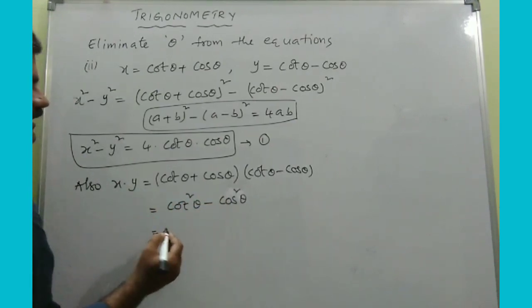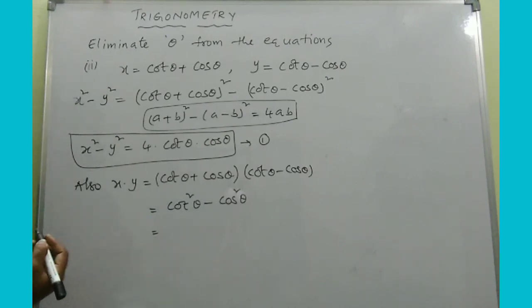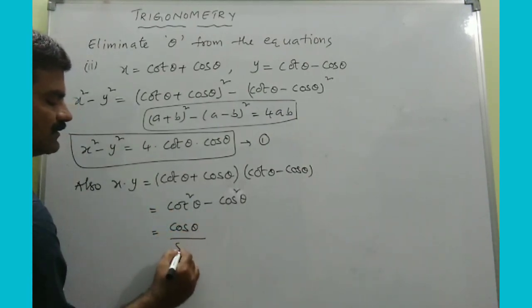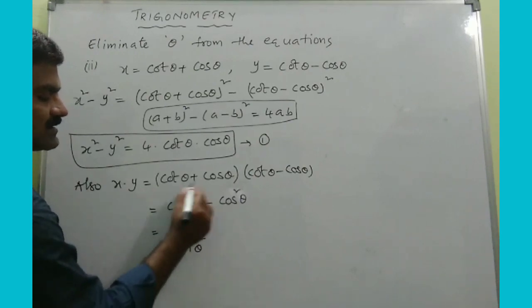Then do one thing. I told you, basically when you are in trigonometry, better to write each and every trigonometric ratio in terms of sine and cos. Basic trigonometric ratios, fundamentals, are nothing but sine and cos. So for that, cot I can write as cos by sine, since it is cot square now.